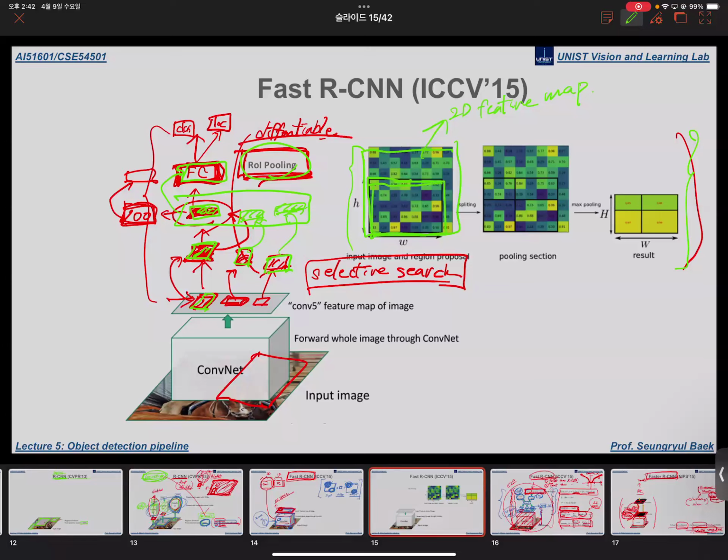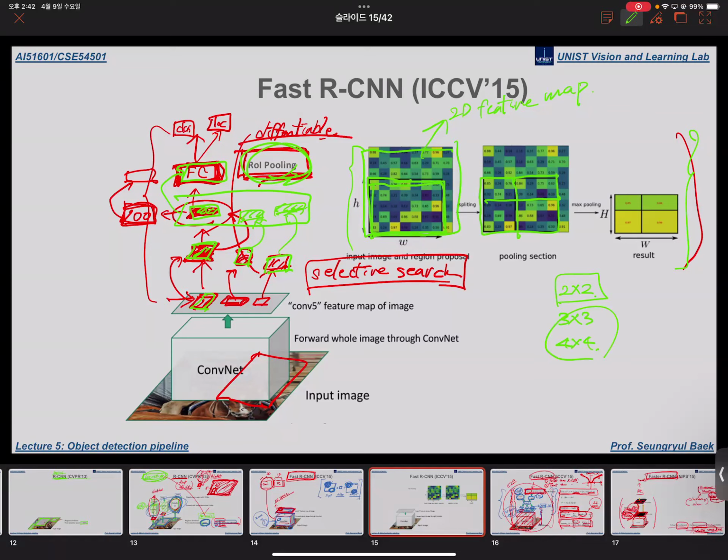Inside this black box, we apply ROI pooling, maybe dividing this bounding box into 2 by 2 windows, or you can apply different dimensional pooling, it depends on you.